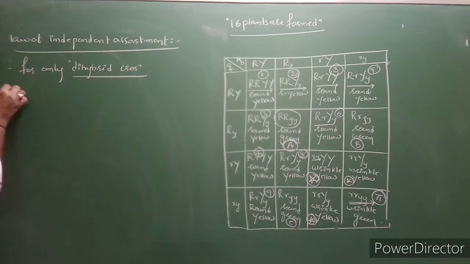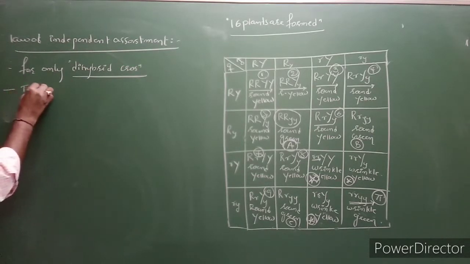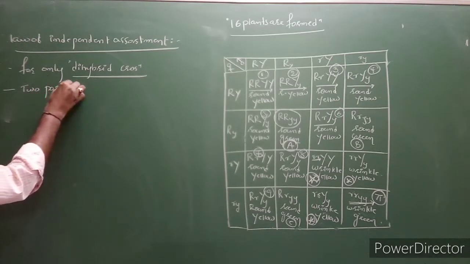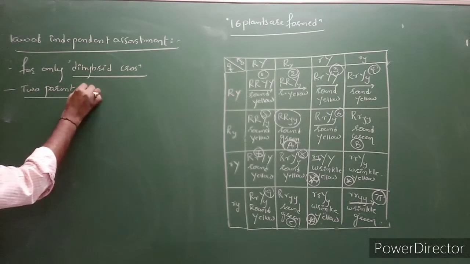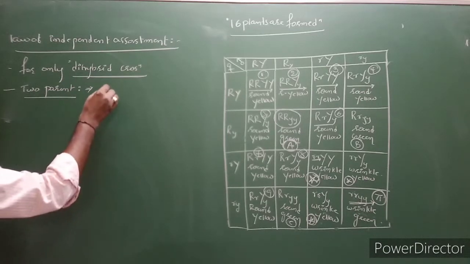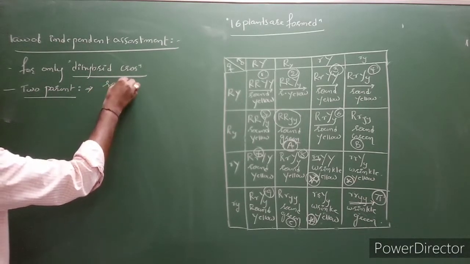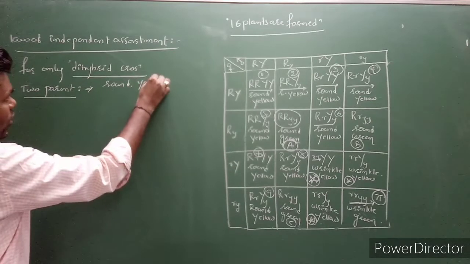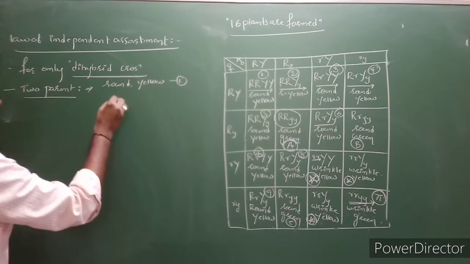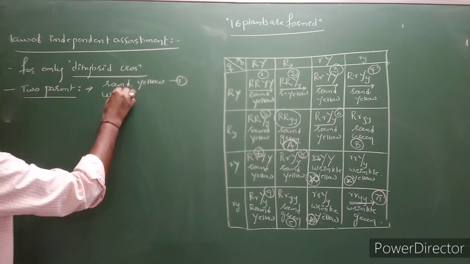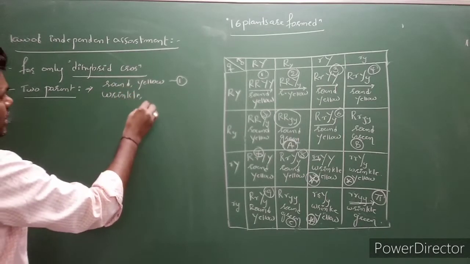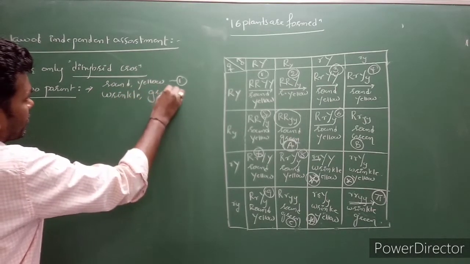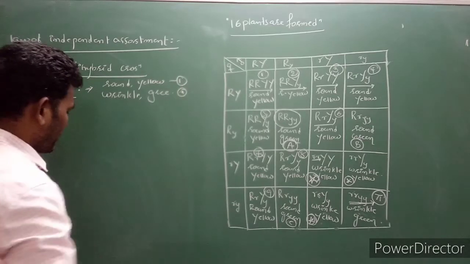At the beginning we choose only two parents: one parent is round and yellow, and the next is wrinkled and green, that is one more parent.